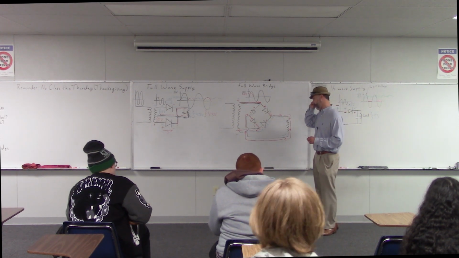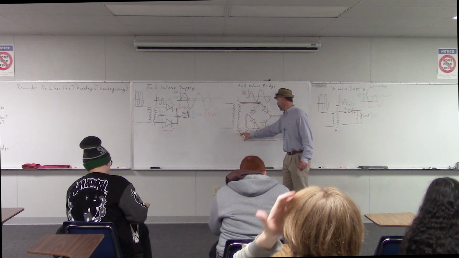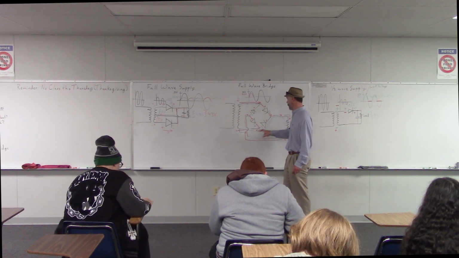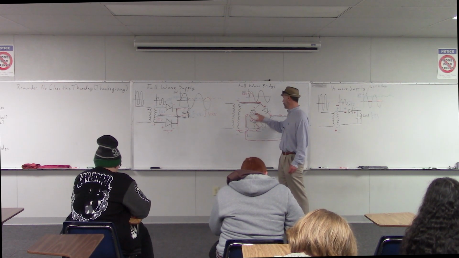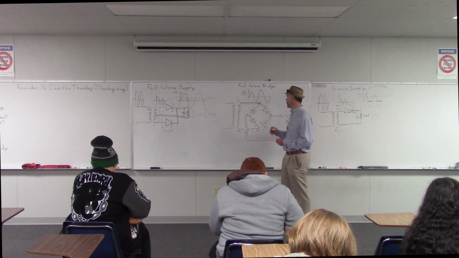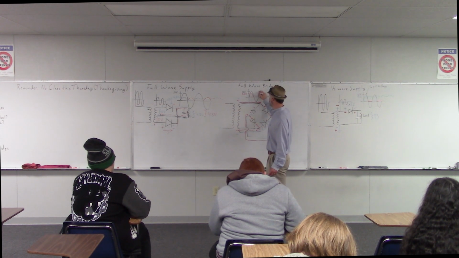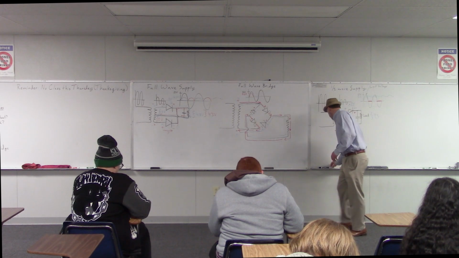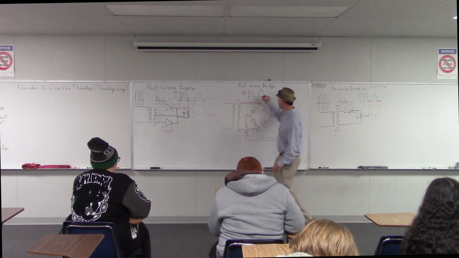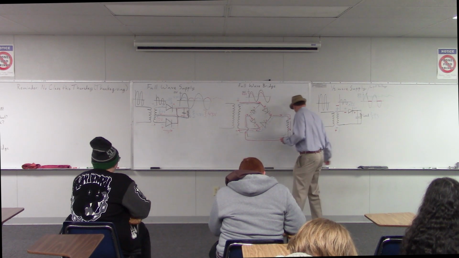So again, this electricity went through our load, which is good, but it had to go through one diode and then a second diode in its path. So again, we end up with about an 8.6 volt peak coming out there. Okay, so this is what we get.